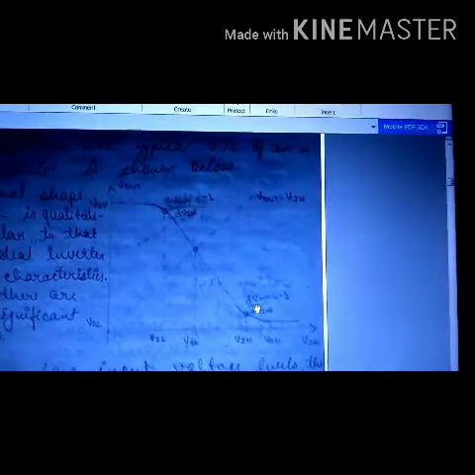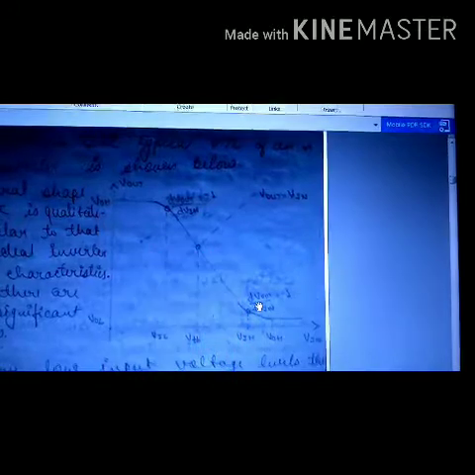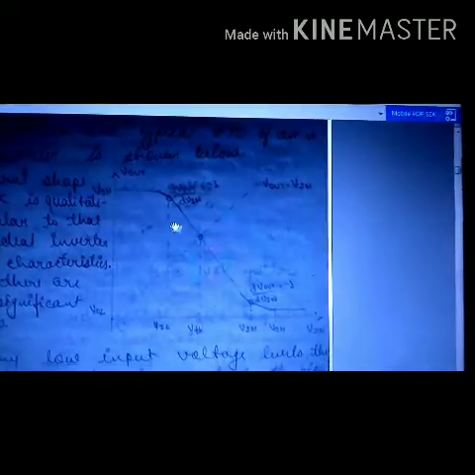Now the smaller input voltage value satisfying this condition, which is close to the origin, is the smaller input voltage at which dV out by dV in is -1.